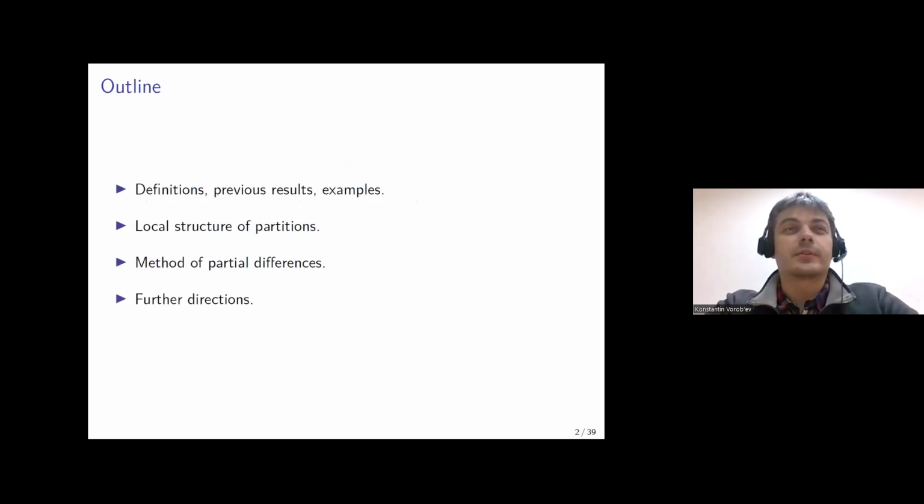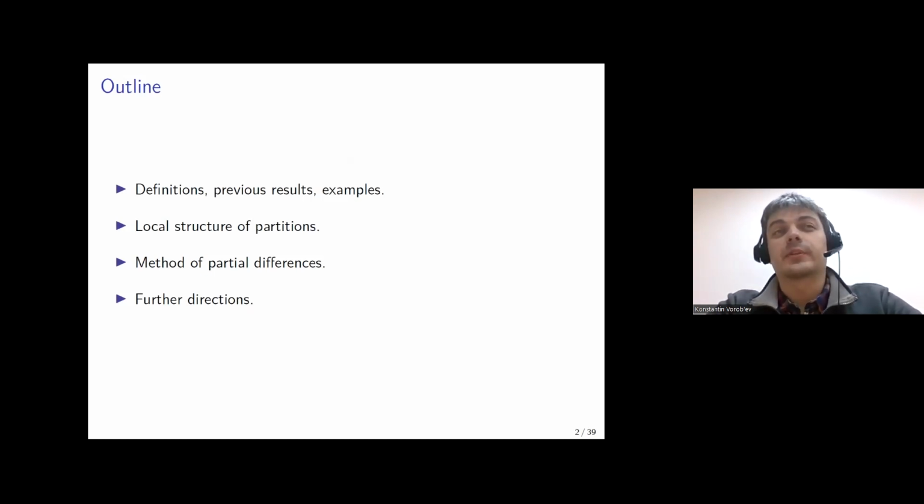Okay, so let me start with the outline. I will start with definitions and discuss previous results. Also, I will provide some examples. Then I will present our main result and two methods that we use to prove the main theorem.